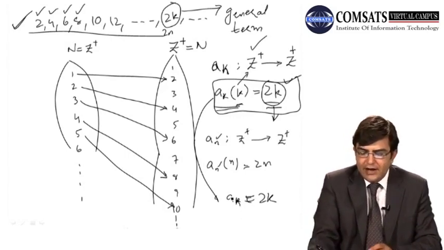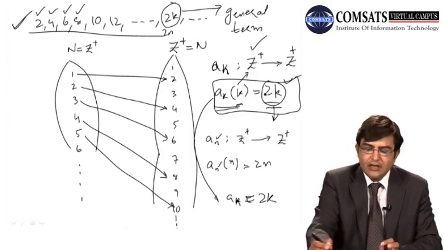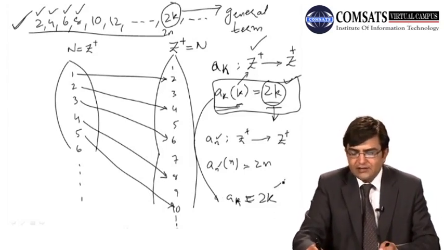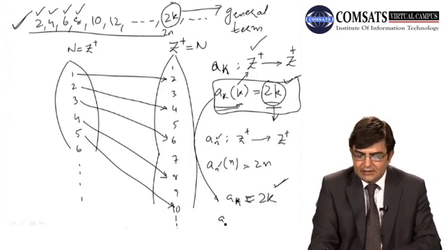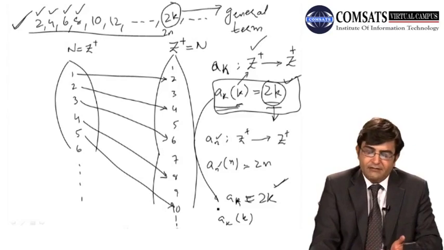There is no need to write a_k of k = 2k, because it is obvious. We abbreviate it, or write it in short like this.